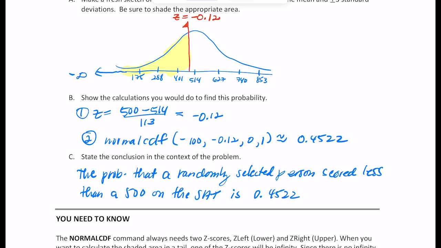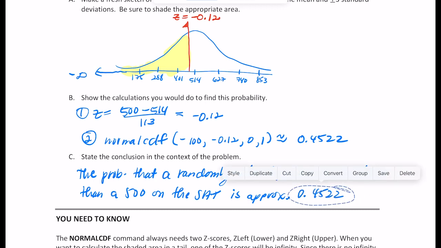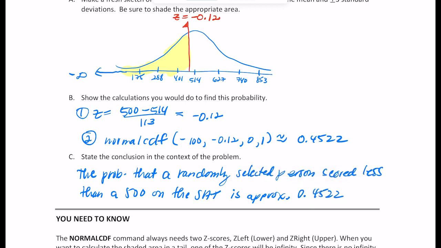Okay, and we should also say is approximately. Okay, and again, you can also state that as, the percentage of scores that were less than 500 on the SAT was approximately 45.22%.